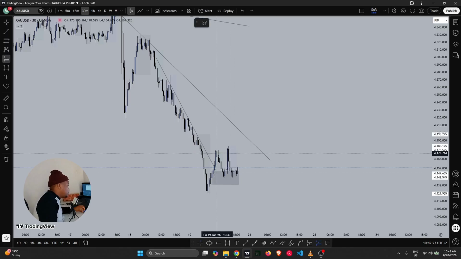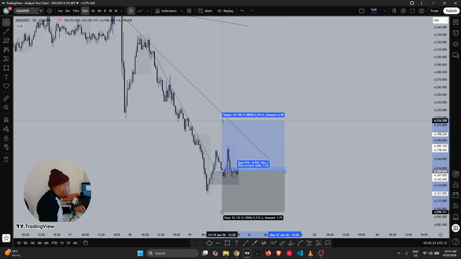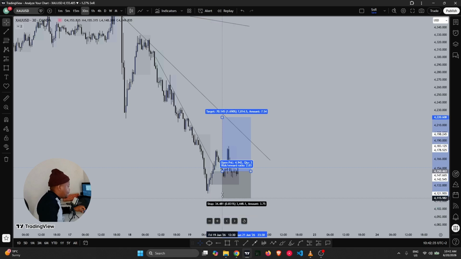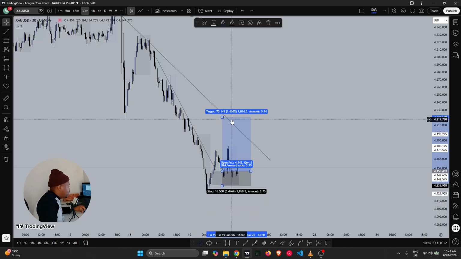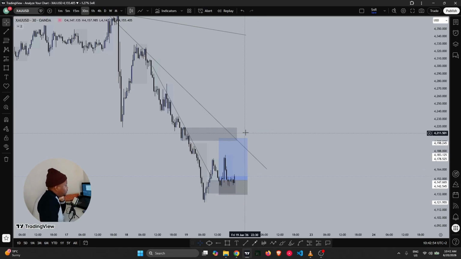Since we already broke this, you could have just placed your entry here and done something like this, or to play it safe, just target this here, because we have this move that happened here. This is possibly what can cause the market to sell when it gets here, because as you can see, it aligns well with this trend line here.